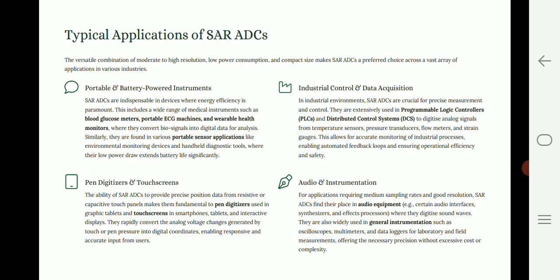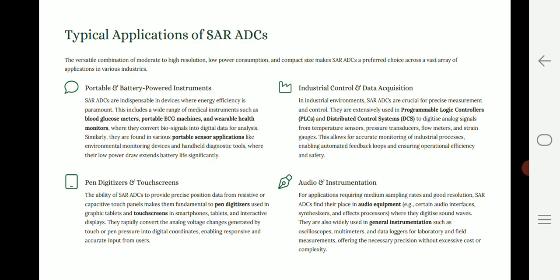Coming to industrial control and data acquisition, in PLCs, the programmable logic controllers, and distributed control systems, these both deal with analog signals like temperature sensors. To achieve this design or working, we need to use SAR ADC.